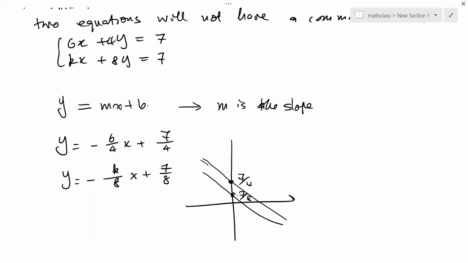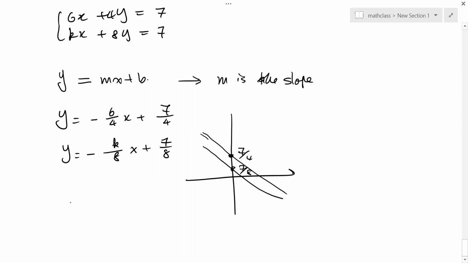If the two lines have an intersection point, they have a solution. So you can use a geometric picture: negative k over 8 should be equal to negative 6 over 4. So k is going to be 12. When k equals 12, those two lines are parallel to each other, and there's no solution.